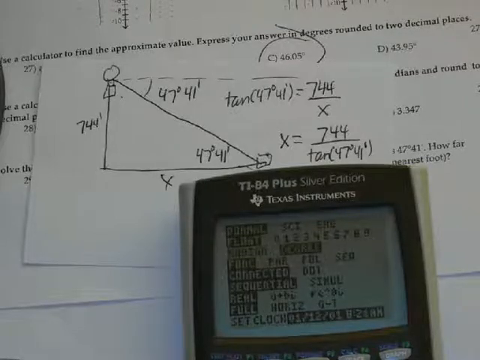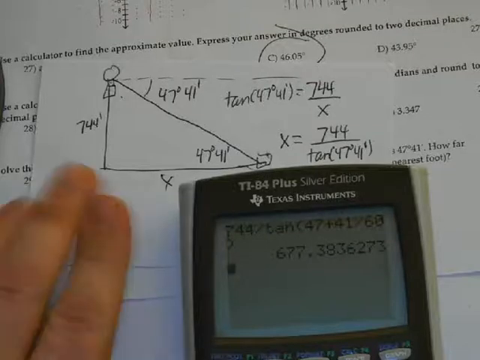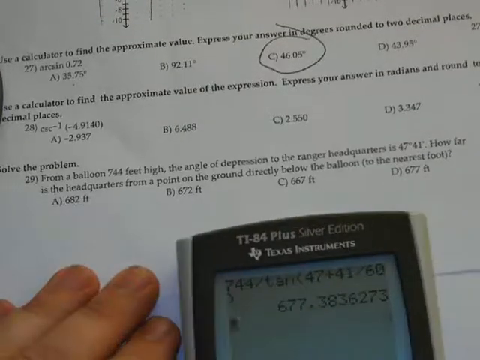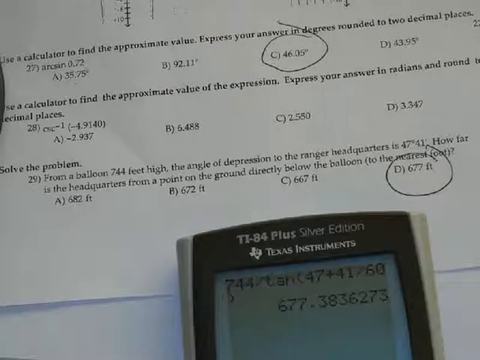Make sure I'm in degree mode. 47 degrees, 41 minutes. And I get about 677, which is D.